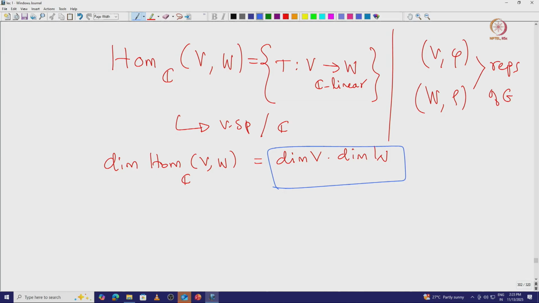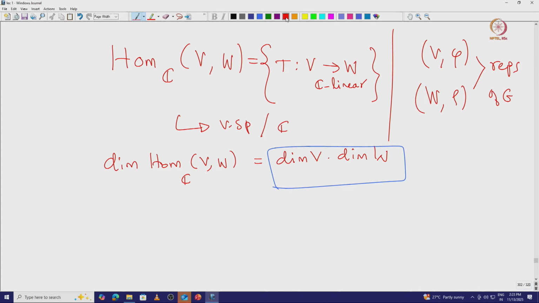Since I have not defined tensor products, I am not going to use that language right now. Later in the course we will recall the construction of the tensor product and I will tell you how these objects can be realized in terms of tensor products. But for the time being let us just work with this hom space. So, my claim is this hom space can be realized as a representation of G.